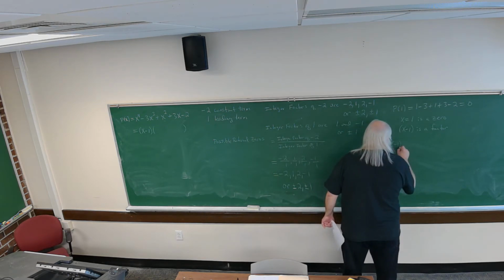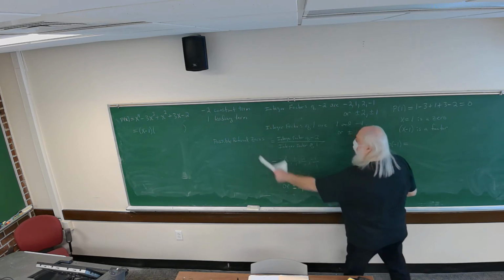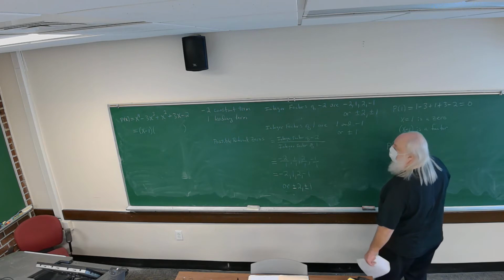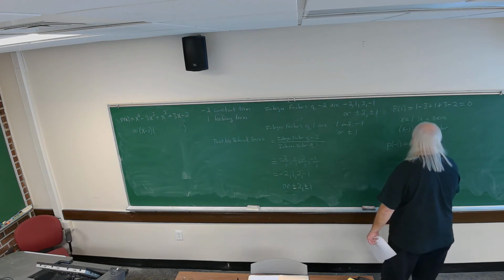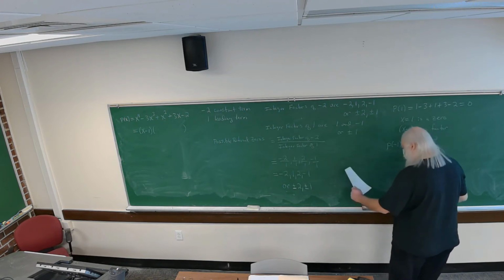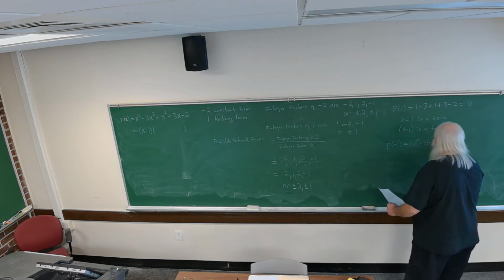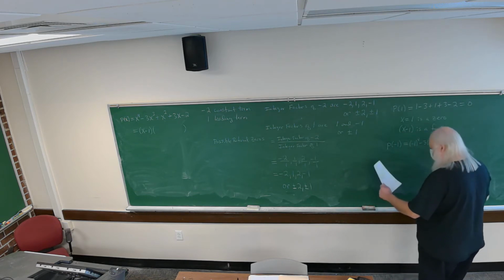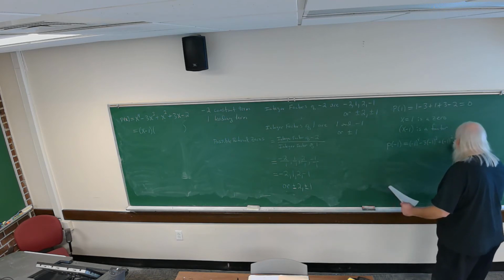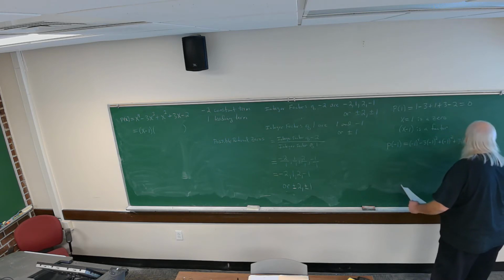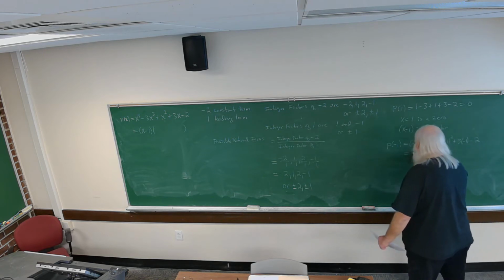And when I put in minus 1 for x, right, you got minus 1 to the 4th minus 3 times minus 1 cubed plus minus 1 squared plus 3 times minus 1 minus 2, and that's equal to 0.